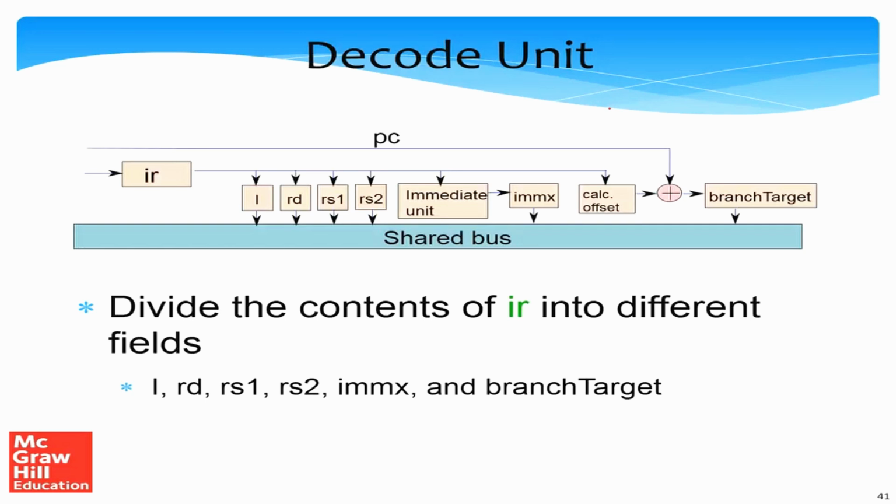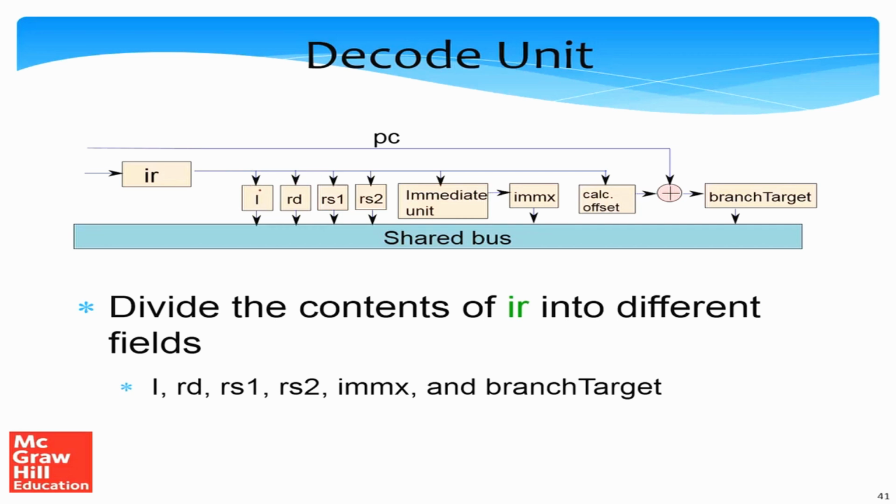Let's now take a look at the decode unit. So in the decode unit, the input pretty much comes from the IR register, and then a little bit of circuitry, which is pretty much hidden, extracts all the fields from the IR register.